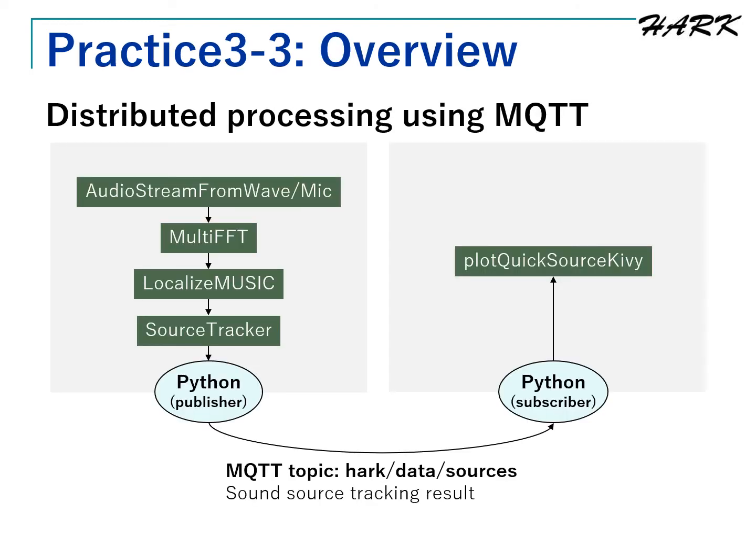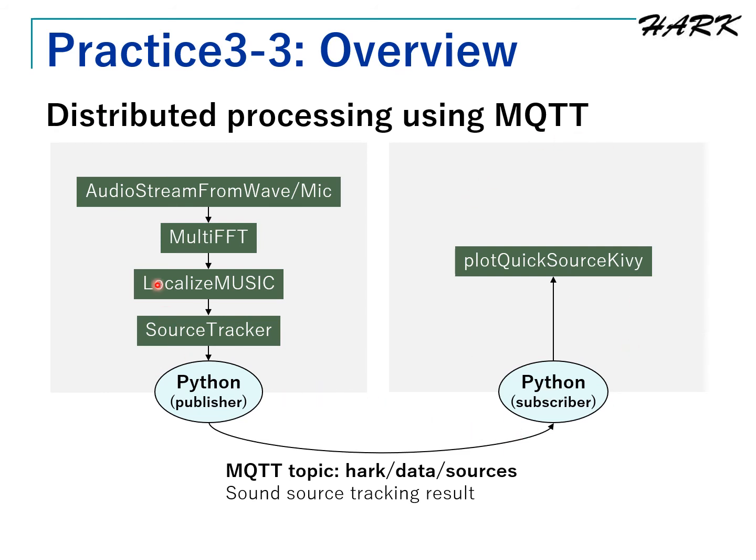This is an overview of Practice 3.3. A sound source localization system similar to the one constructed in Practice 1 and Practice 3.1 is realized by distributed processing using MQTT. The entire sound source localization system is represented by an MQTT network consisting of two nodes.